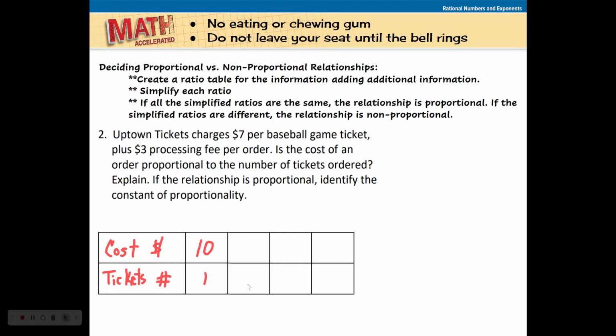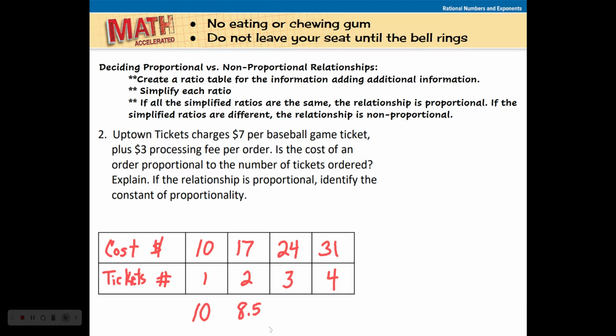For 2 tickets, that would be 2 times 7 or 14 plus that $3 fee. So for 2 tickets, it would be 17. Following that pattern, 3 tickets would be 24. 4 tickets would be $31. We go ahead and simplify all of those ratios. 10 divided by 1 is 10. 17 divided by 2 is 8.5.